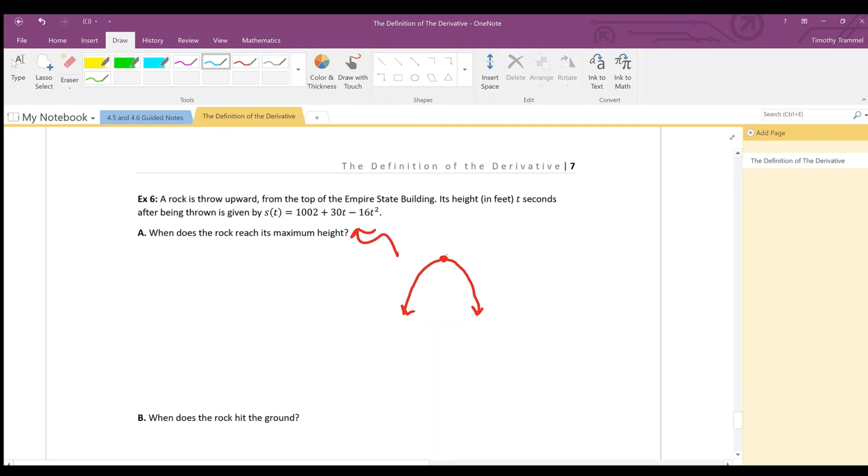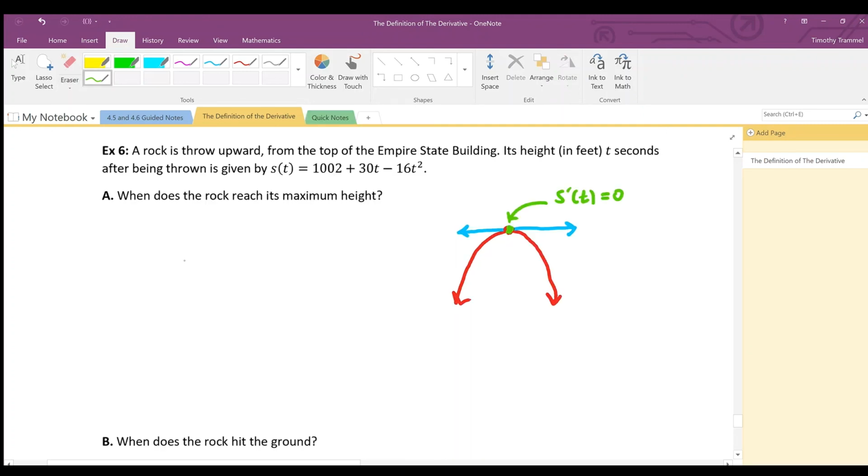And let's think about what happens up here. We end up with a horizontal tangent line, don't we? Okay. So what that means is right here, right at that point, the derivative must be 0, right? We have a horizontal tangent line. Horizontal tangent lines have a slope of 0.